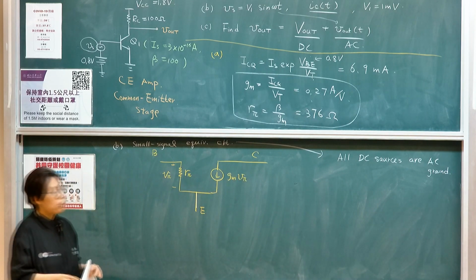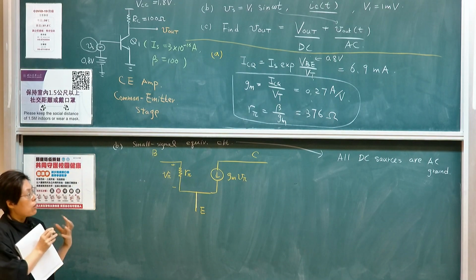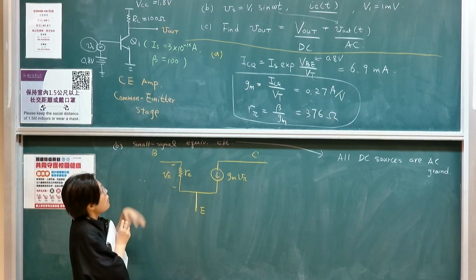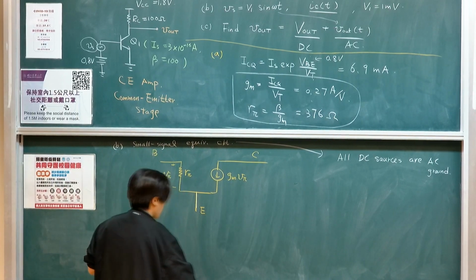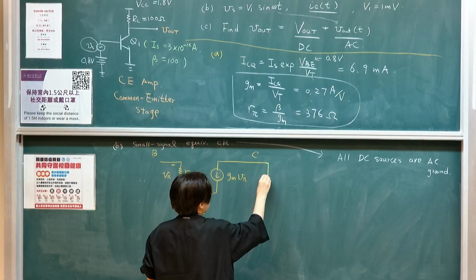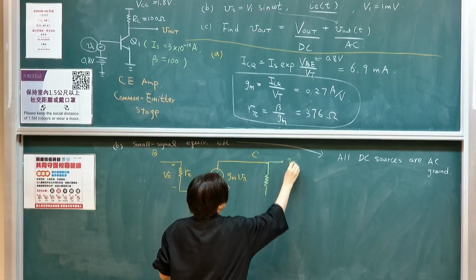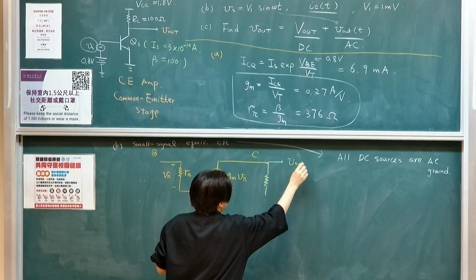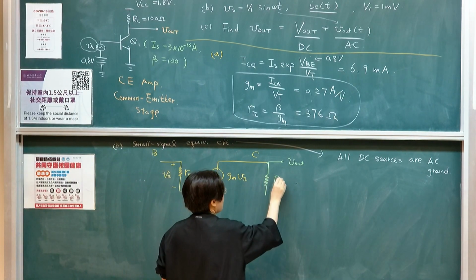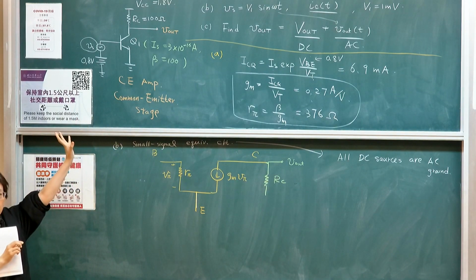How do we connect this into that circuit? If you look at the collector, the collector is connected to RC, and this terminal will then deliver my output signal, only the small signal part, right? This is RC. And what's the other side of RC? Which is VCC, right?